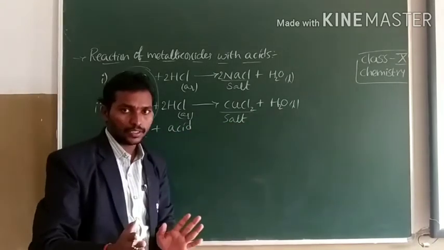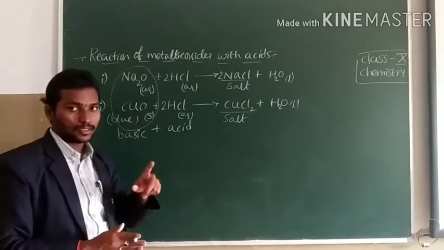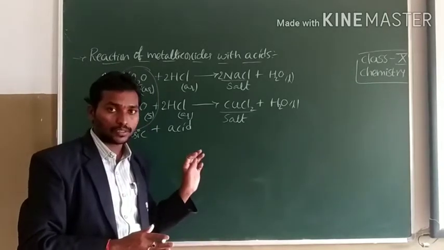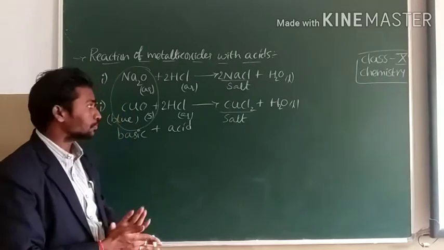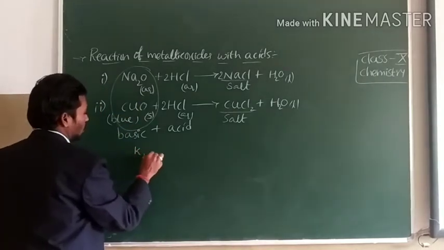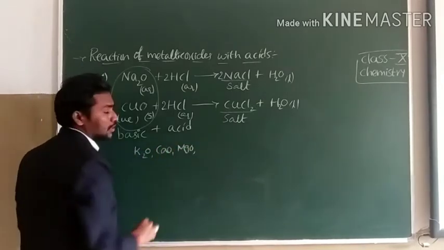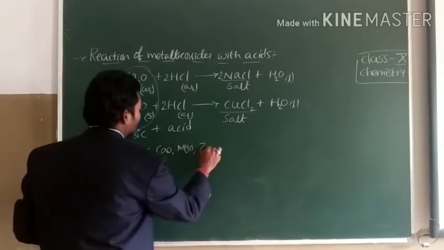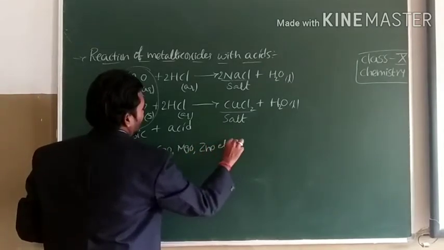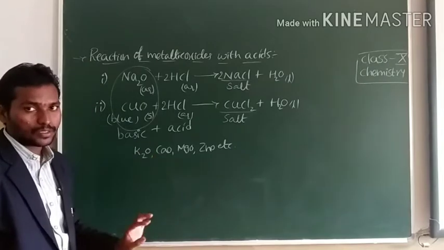So in general, we can conclude that most of the metal oxides are basic in nature, children. That's why metal oxides like potassium oxide, calcium oxide, magnesium oxide, zinc oxide, etc. are some of the examples of metal oxides.